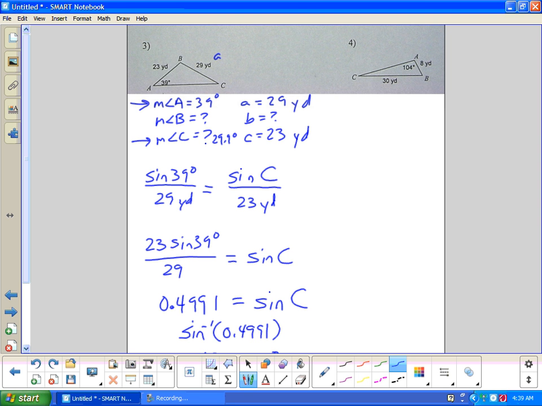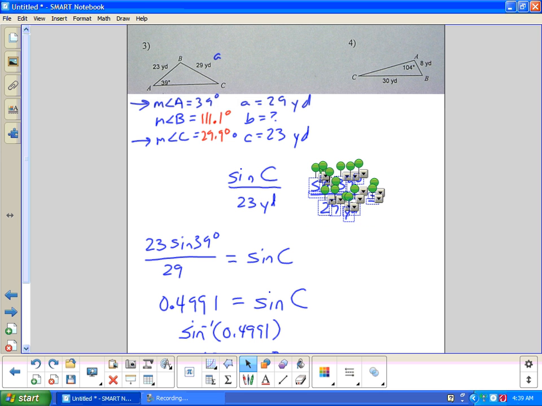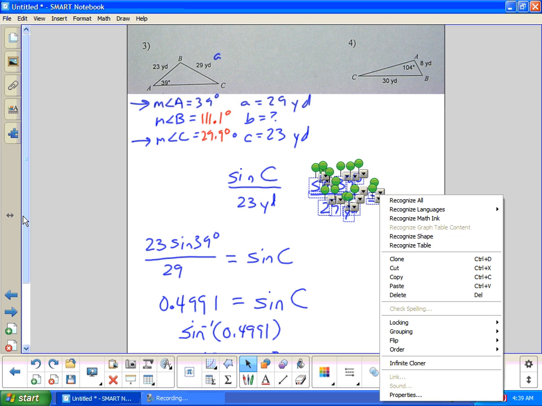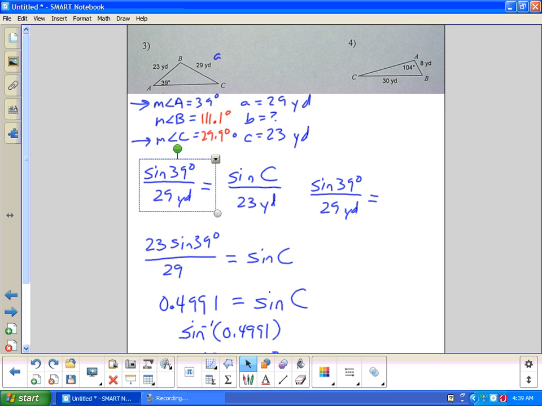Now, find B. You can use the sum of the angles equals 180. So I can just say, hey, if I know 2 angles, I don't have to use law of sines. I can find that this is 111.1 degrees for B. And again, now, think about it. I'm going to use the first angle again, this one right here, because it's still that.